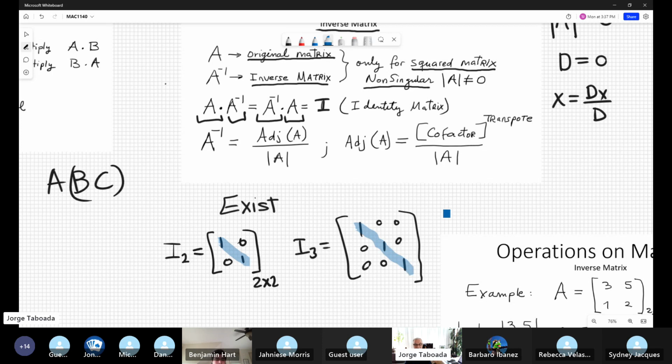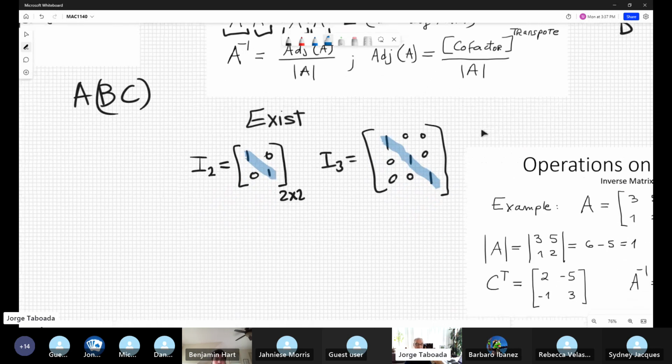This is called the identity, and this identity matrix is nice because if you multiply any matrix times the identity matrix, the answer is the same matrix. So the identity matrix works like a big multi-dimensional 1.